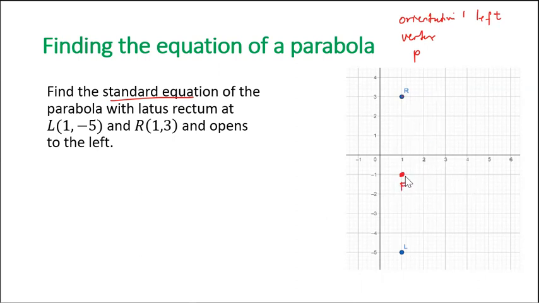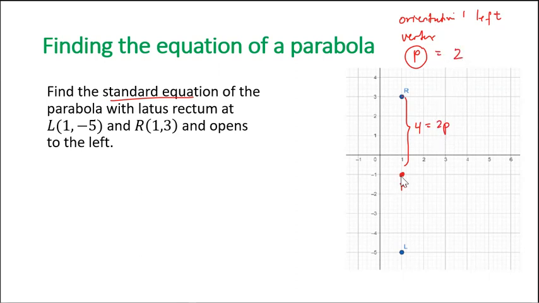However, in order to locate the vertex, we need to know the value of p. And we know that the distance between the focus and one of the endpoints of the latus rectum is 2 times p. So this distance here is 4, which can be equated to 2 times p. So this indicates that p is equal to 2.